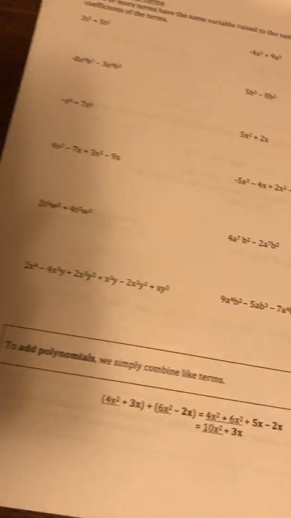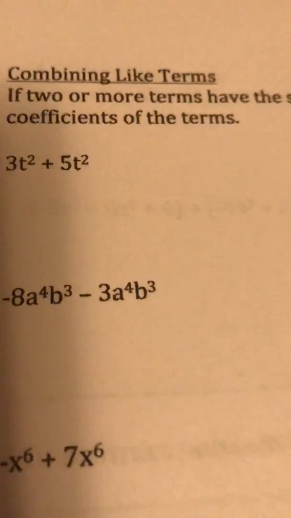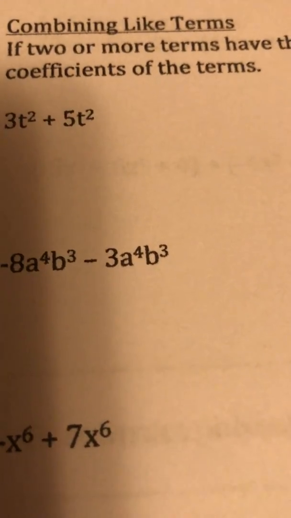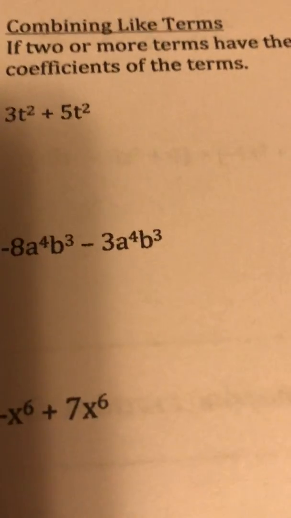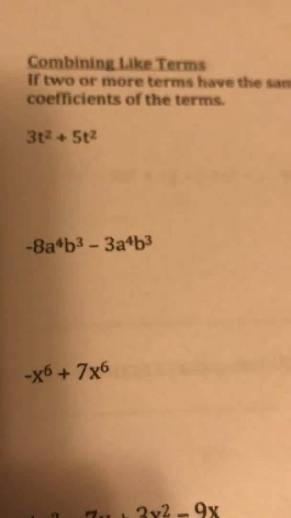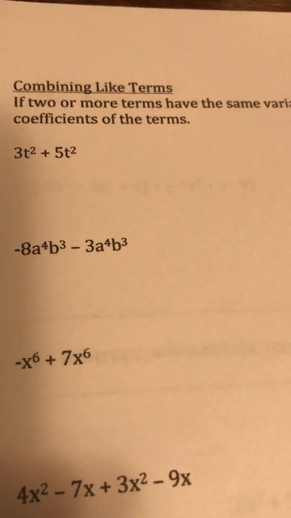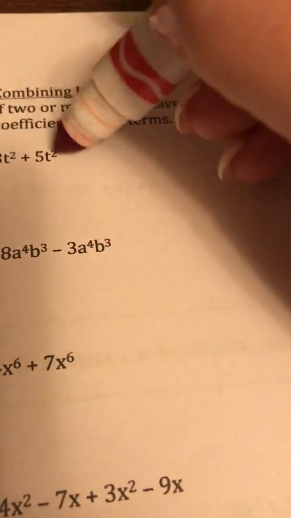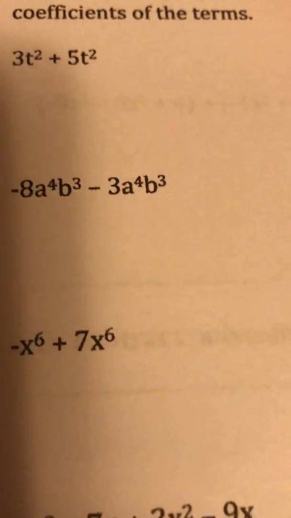Okay. All right, so now we know how to talk about polynomials. Now, when we're working with polynomials, we have to remember to combine like terms. Okay, just like when we're working with linear, well, I guess a linear equation is a polynomial. But when we're combining like terms, any of the terms that have the same variable raised to the same power, we can combine those.